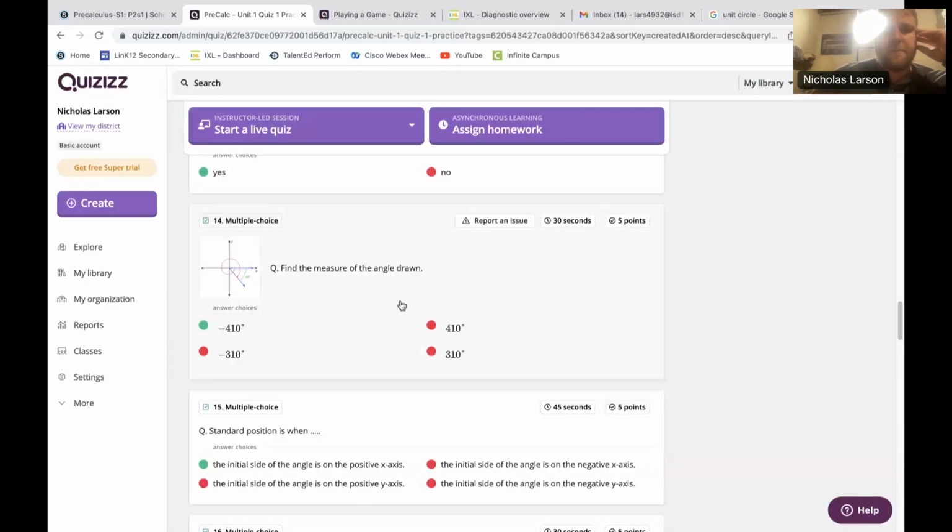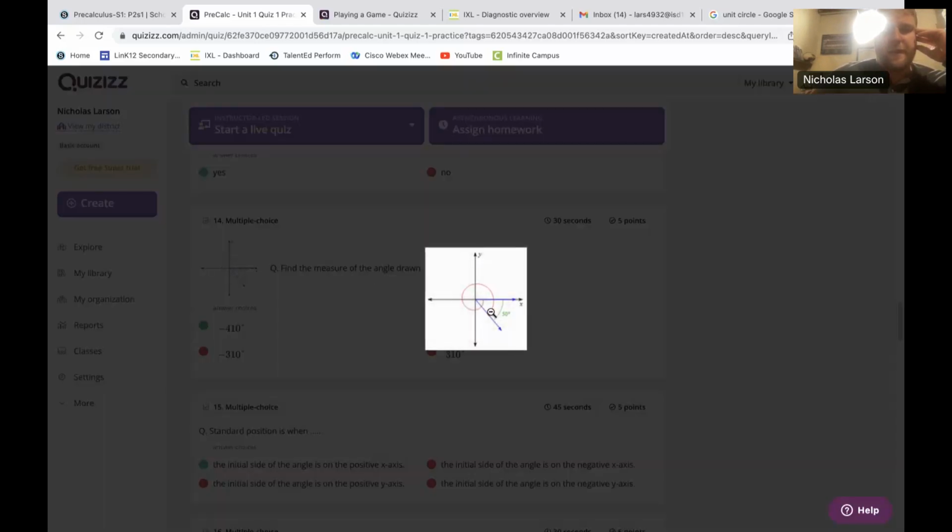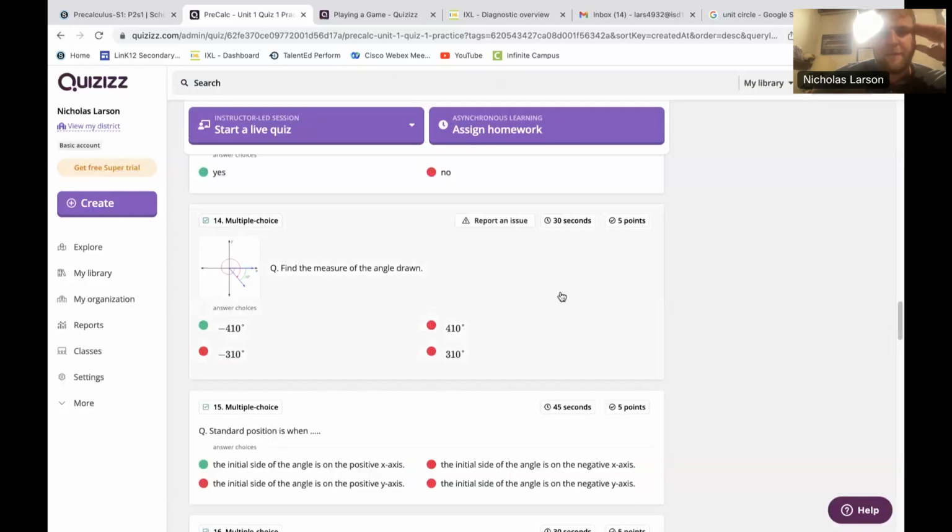This is another example of just, again, 50 degrees, or if I go all the way around to the left, so that's negative 360 plus negative 50, that's going to give me negative 410.